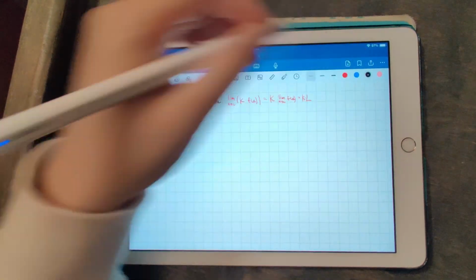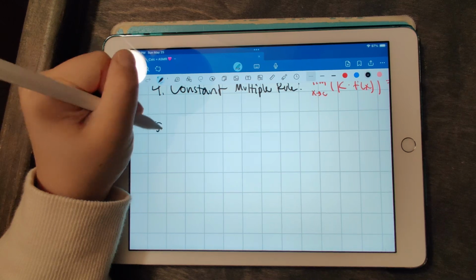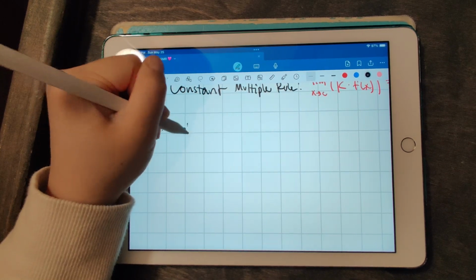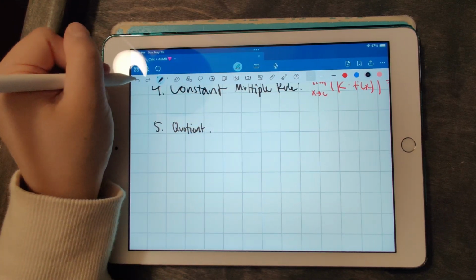And the next rule is the quotient rule, which again is pretty intuitive.